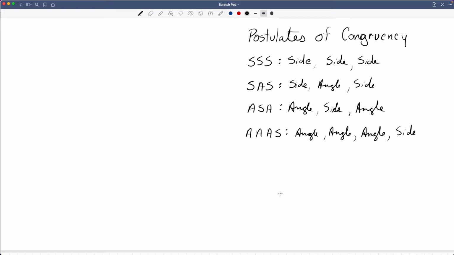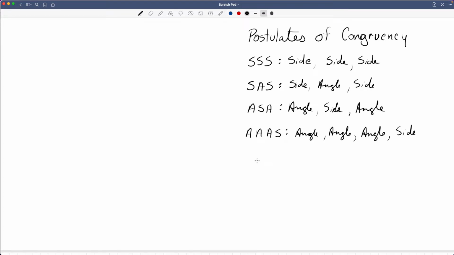Just like the illustration that I gave you for angle, side, angle, the other angle is automatically congruent. So angle, side, angle, or angle, angle, angle, side, they're really the same thing for the same reason. If one side is congruent and all the other angles are congruent, then the other two sides have to be congruent as well. That's just the nature of a triangle, which is why it fascinated Pythagoras so much, I guess.